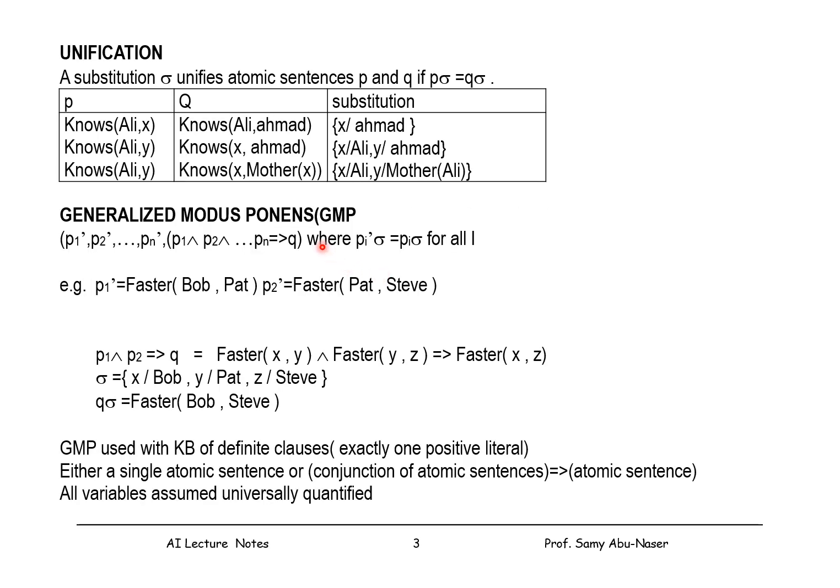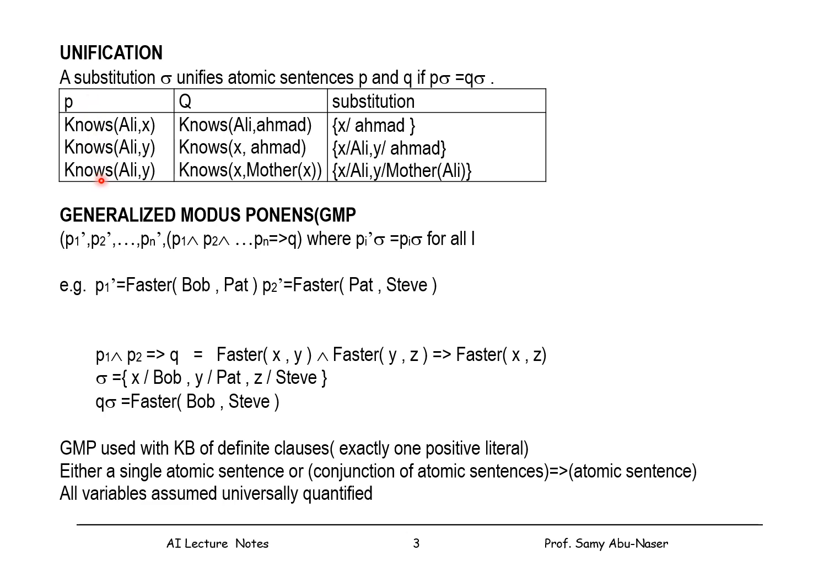Let me remind you of unification. In the prologue we talked about unification. A substitution sigma unifies atomic sentences P and Q if P sigma equals Q sigma. Let's see what it means.